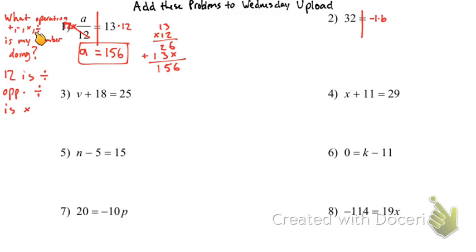So we have multiplication. The opposite of multiplication is division. So that means to get rid of the negative 1, we are going to divide by negative 1. And what you do to one side of the equal sign, you do to the other. The negative 1s cancel out.